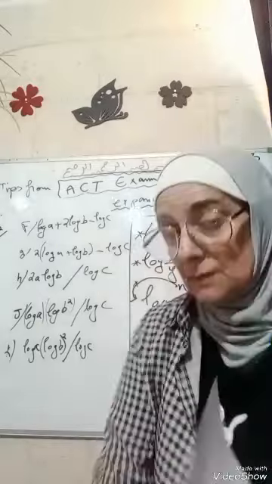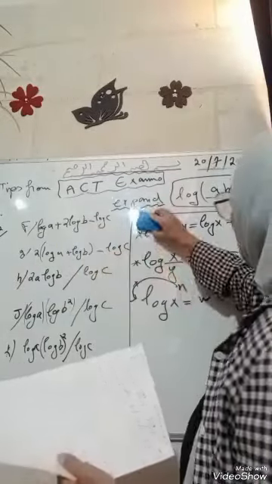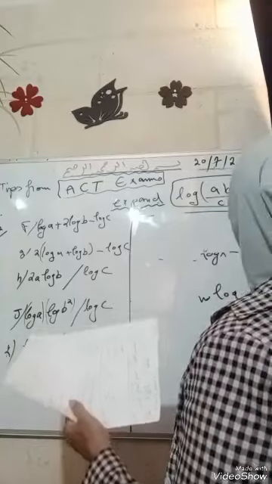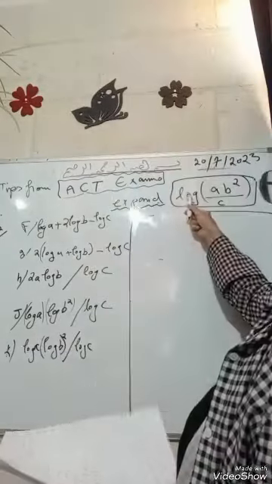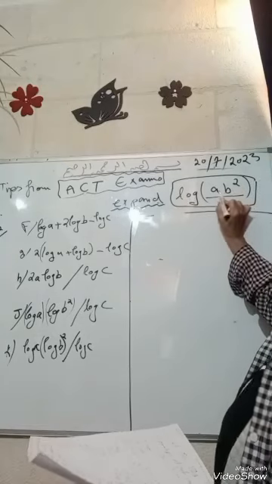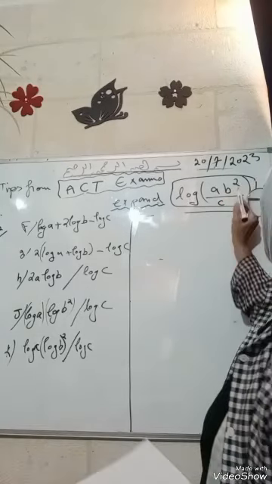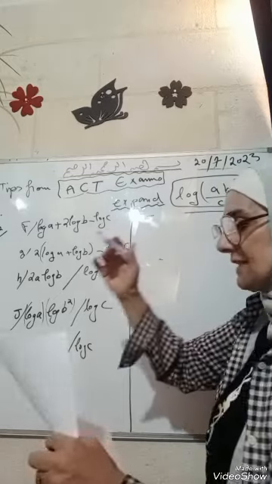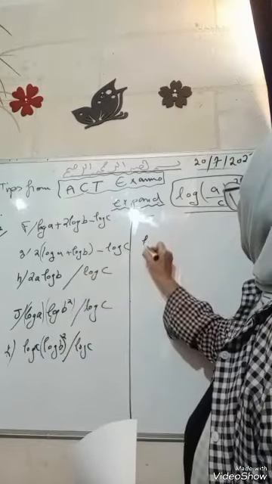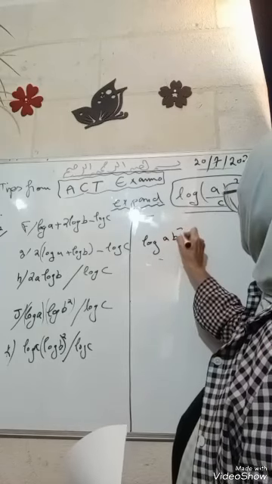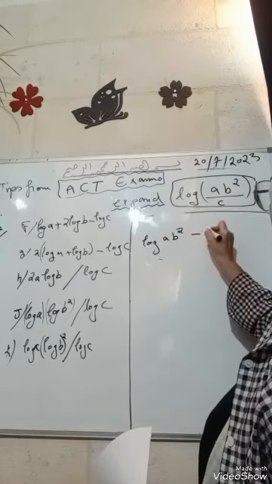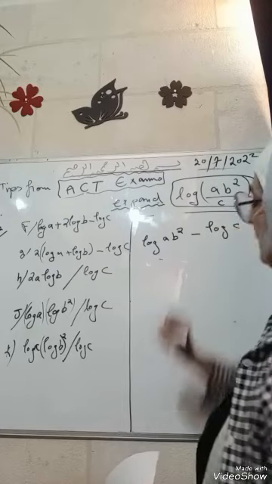So let's begin and find which one is the solution. We notice here a multiplication, ab squared, divided by c. So let's take it step by step. Log of ab squared, division, then minus logarithm c.